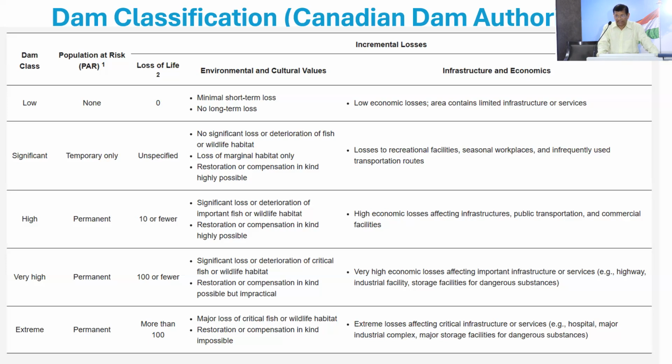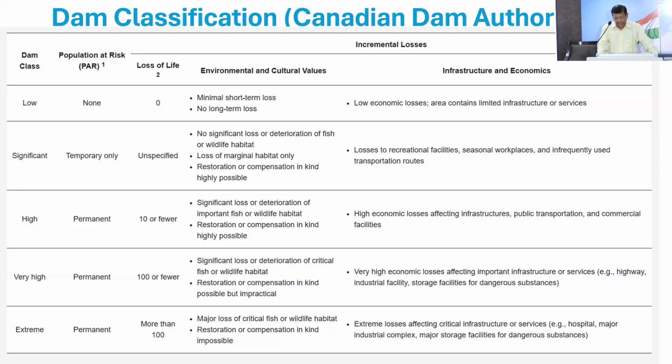Then we go to high in the classification, which is permanent. Once it is gone, it is all gone. These numbers are also very important because they depend on the population affected by the damage during an earthquake. So 10 or fewer, significant loss, but restoration is still possible.